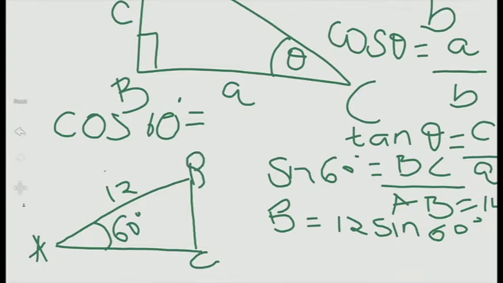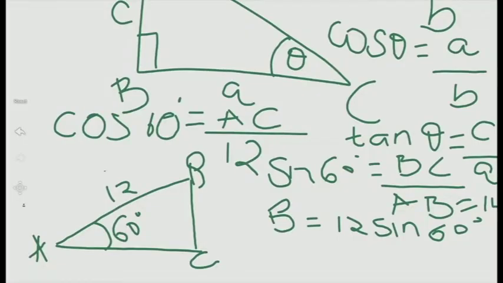So cosine is adjacent over hypotenuse, adjacent being AC, which we don't know, and hypotenuse being 12. So it's going to be AC over 12. So the length of side AC now is 12 cos 60 degrees. You make AC the subject of the formula.